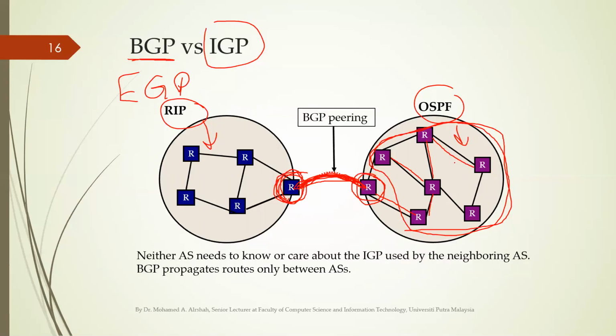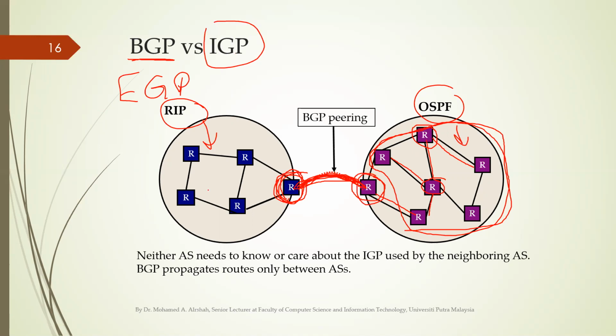Actually, we can have BGP speakers inside the same AS, especially if we have a very huge network that has to be divided into small segments. So in that case, they can use BGP inside the same autonomous system.